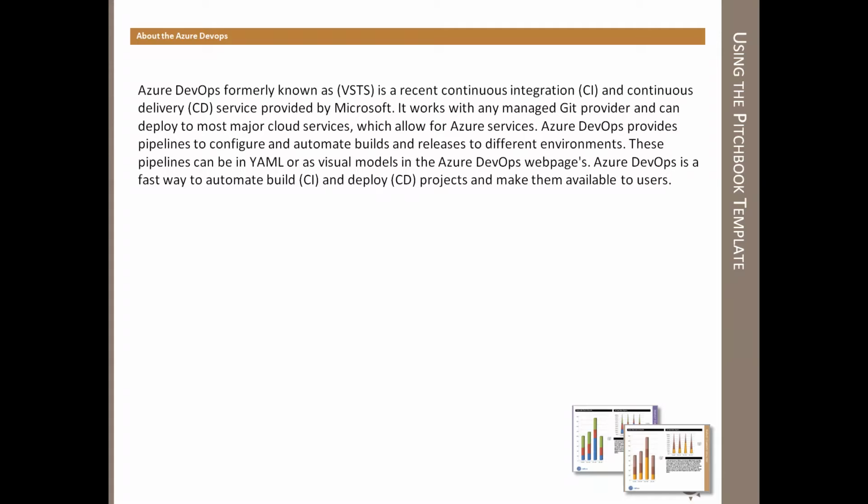So Azure DevOps is a fast way to automate build CI and deploy CD, continuous delivery, projects and make them available for users. The developers won't have to hassle with doing a deployment when they do a bug fix or anything. It would be done with one click or it can be automated.